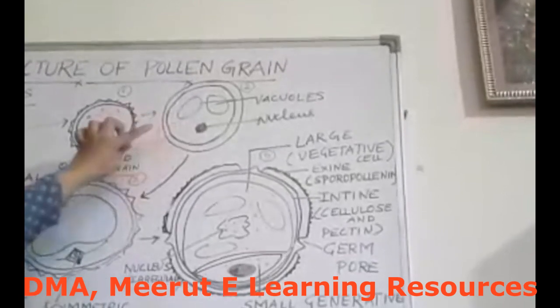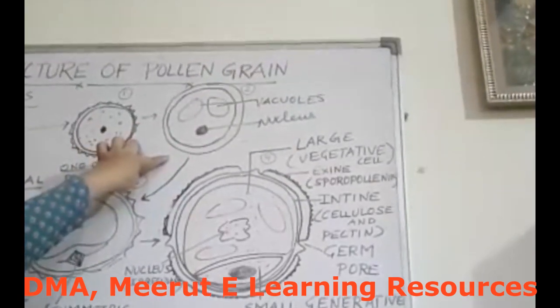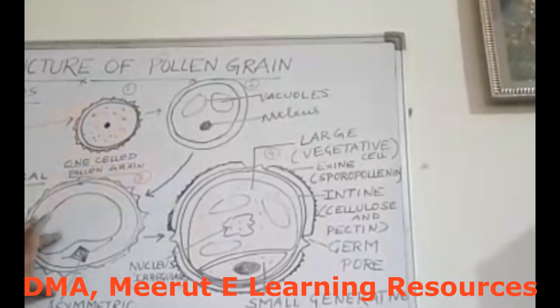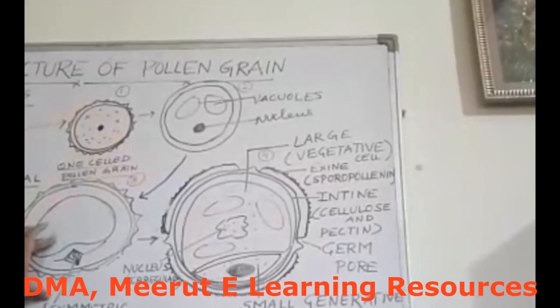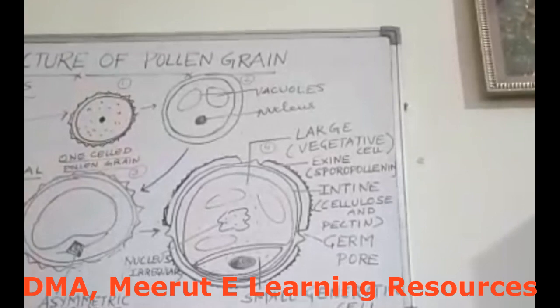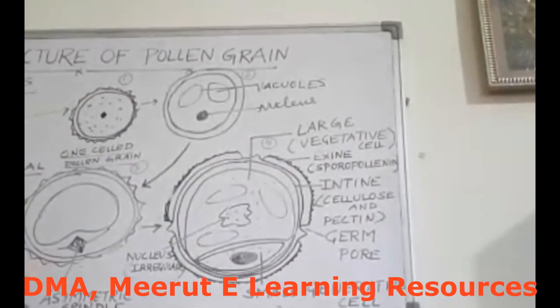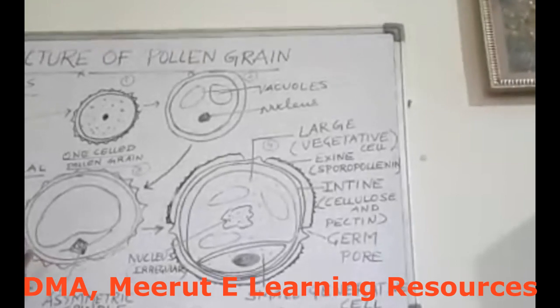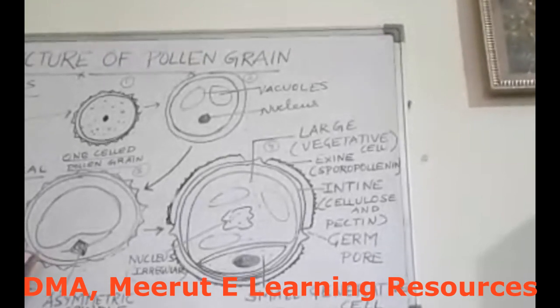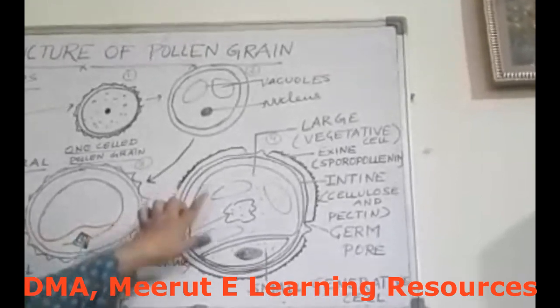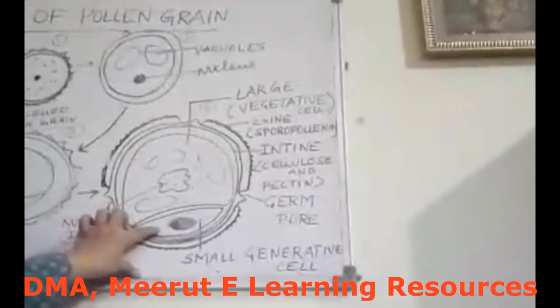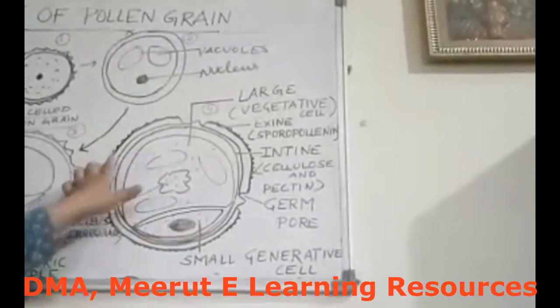Now students, this enlarged pollen grain divides into two cells. Before cell division, an asymmetric spindle is formed during karyokinesis. This asymmetric spindle helps in unequal cell division of the pollen grain. Here you can see that two different sized cells are produced in a pollen grain.